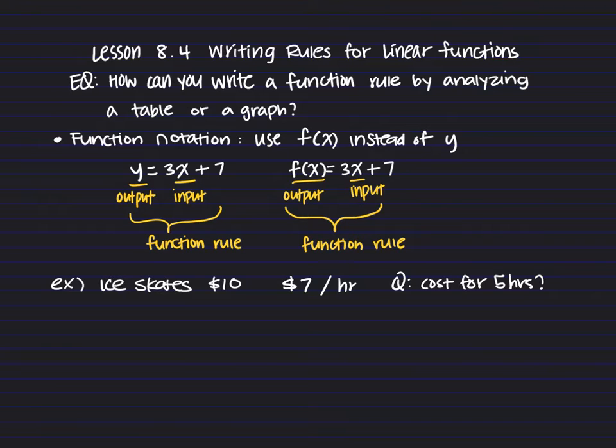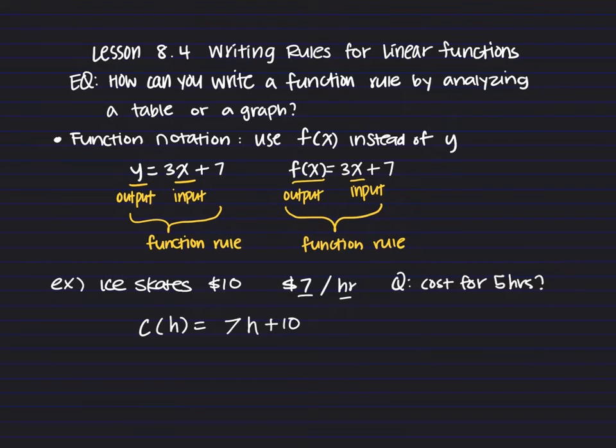Again, I am using simple numbers so it's easier for you to look at the equation as a whole. First, I'll have to set up my equation or my function. My function is going to start with f of x. In this case, you can use two different letters. I'm going to use C for cost and H for hour. So my cost for hours is going to replace my y. I'm going to have my hour as H, and it's going to be $7 every hour. So I can start with 7H, but then I have to borrow ice skates, so I'll have to add 10 to my equation.